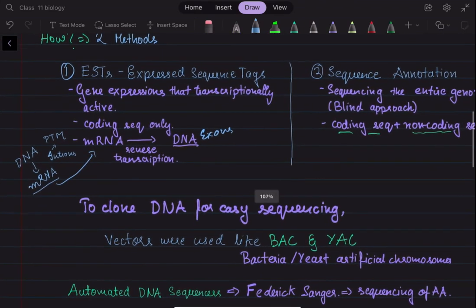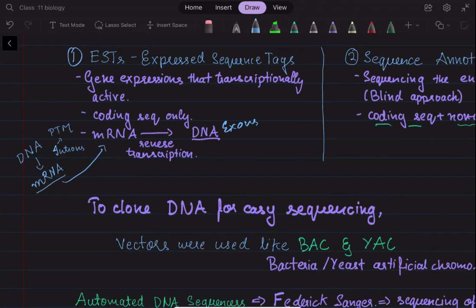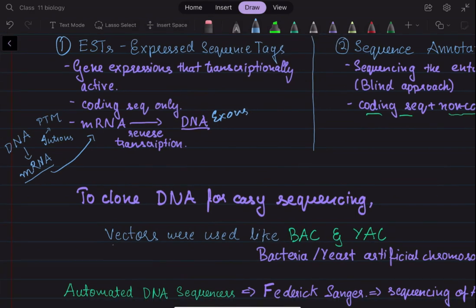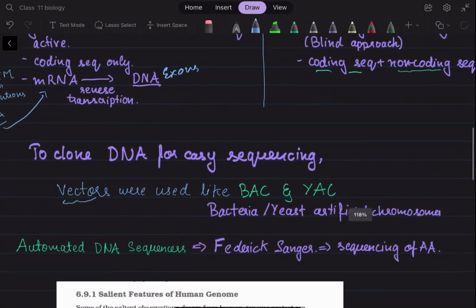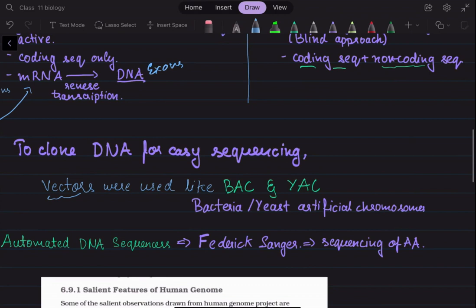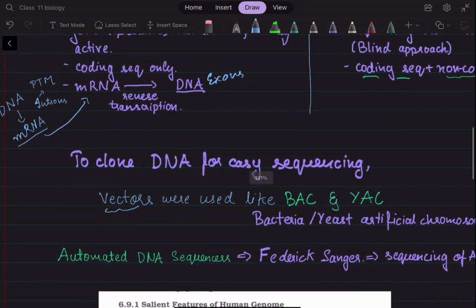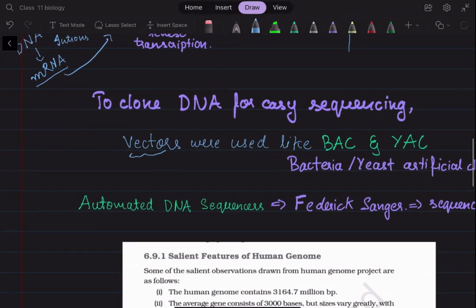For figuring out the bases, the DNA had to be cloned for easy sequencing. In that case, we need vectors, right? The vectors used here were BAC and YAC, standing for bacterial artificial chromosome or yeast artificial chromosome. How exactly were these sequences determined is that we had these machines called automated DNA sequencers.